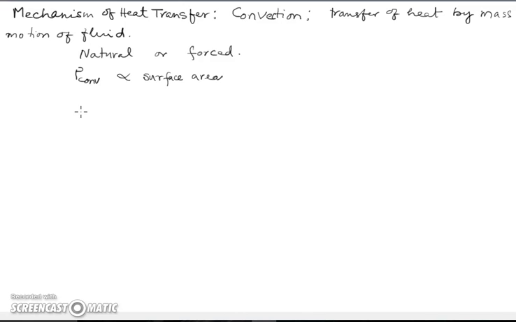You get cold faster in a cold wind than in still air at the same temperature. So the second one is that P convection is inversely proportional to viscosity.